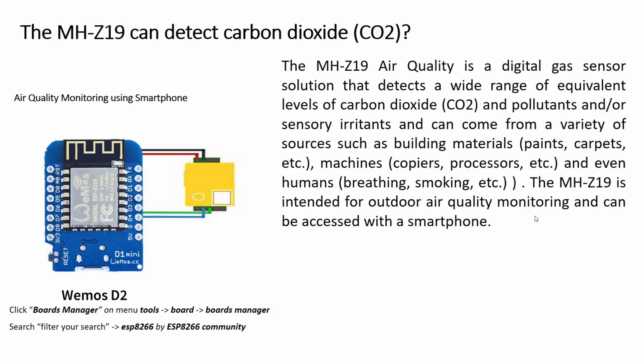The MQ135 can also detect carbon dioxide. The MQ135 air quality sensor is a digital gas sensor solution that detects a wide range of equivalent levels of carbon dioxide and pollutants and or sensory irritants, which can come from a variety of sources such as building materials.